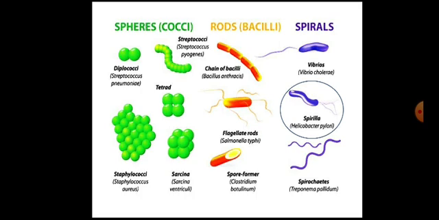Others are spirilla. Example is Helicobacter pylori. Helicobacter pylori has this kind of structure, spirillum type of structure, and it has more than one flagella at one end. These bacteria are extremely motile, and they may be responsible for stomach ulcers.